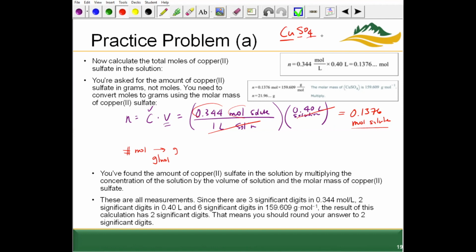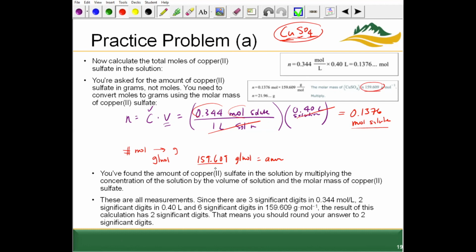When we add all that up, we get a molar mass of 159.609 grams per mole, or the same unit we know could be atomic mass units. So if you need help at this point in getting the molar mass, also let me know. I'm not going to show this explicitly here. So again, we're taking the mass of just copper, sulfur, 4 oxygen atoms, looking at the periodic table to then get this total molar mass of 159.609 grams per mole.